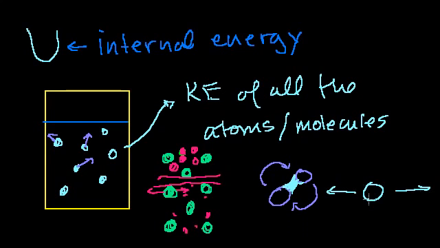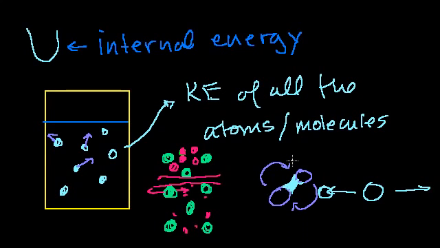When it's in the middle point, it has a lot of kinetic energy. But at this point right here, when it's about to go back, it's completely stationary for a super small moment. And at that point, all of its kinetic energy is potential energy. Then it turns into kinetic energy, then it goes back to potential energy again. It's kind of like a pendulum, where it's actually harmonic motion.